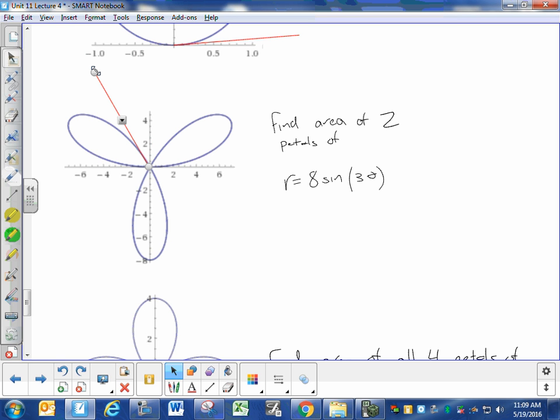There's multiple ways to do it. If you find the area of all 3 petals, you can exactly multiply by 2/3. Make sure you do not double count areas.